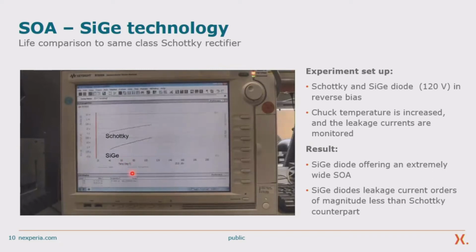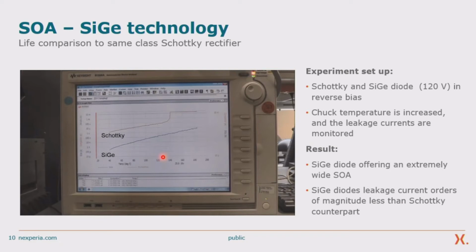That means the x-axis is the thermal chuck temperature, the y-axis is the leakage current, and you see that at a given point, the Schottky device runs into thermal runaway. The leakage of the silicon germanium continues to increase, but it is still under control. There are no thermal runaway issues with silicon germanium, and this is the huge advantage of the silicon germanium technology.